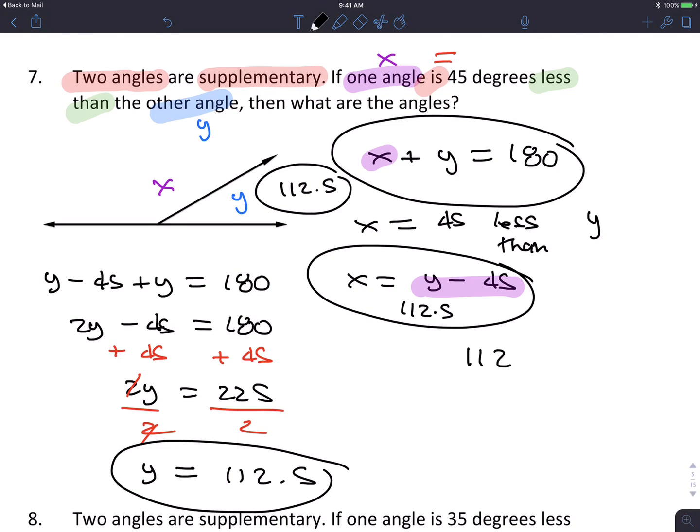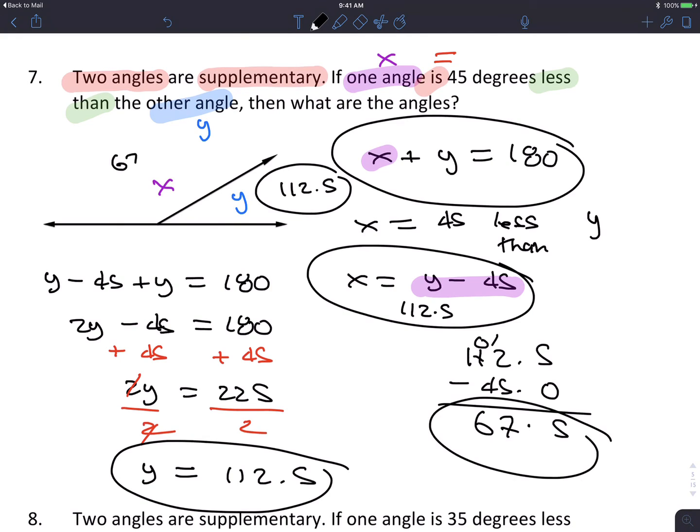Okay, so let's do some arithmetic. There's no shame in that. The answer is 67.5. So 67.5 and 112.5. Let's make sure that the sum is 180. It looks like it's 180. Yes, it does. Okay.